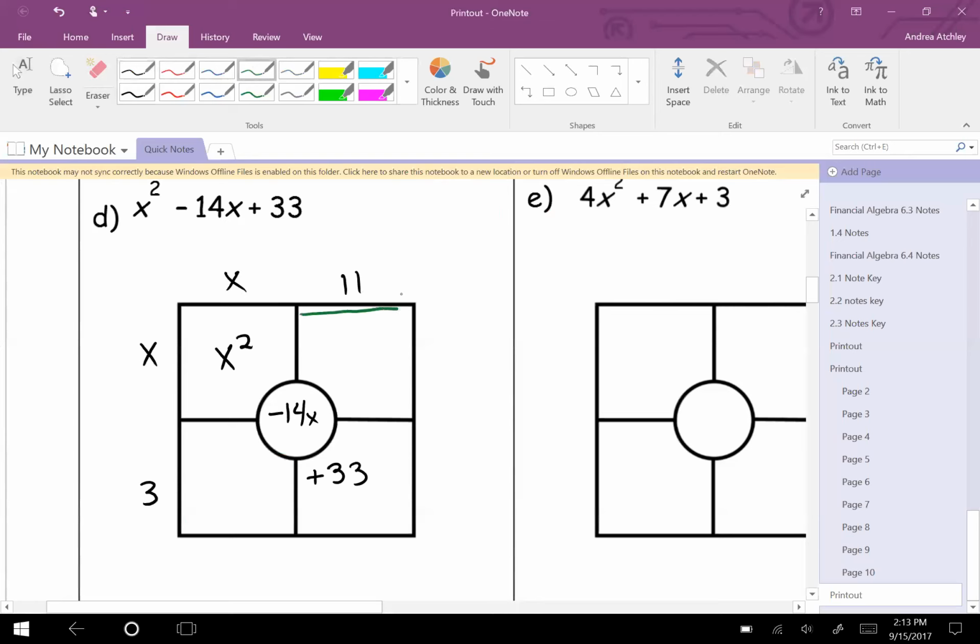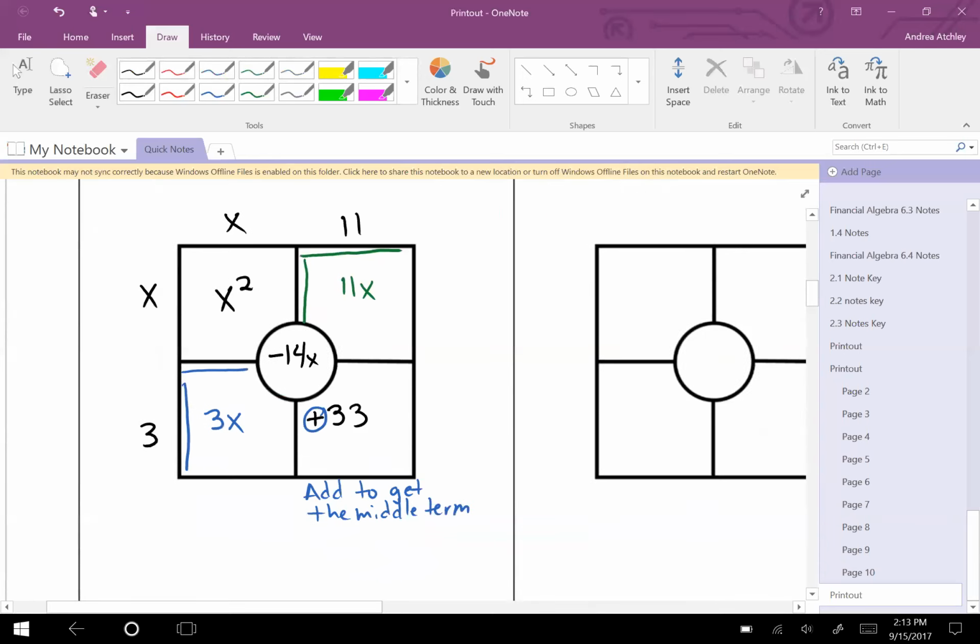So we have the 11 times the x. So that's 11x. And this is x times 3, which gives me 3x. Okay, so then we check it. Remember here, this is add to get the middle term of negative 14x.